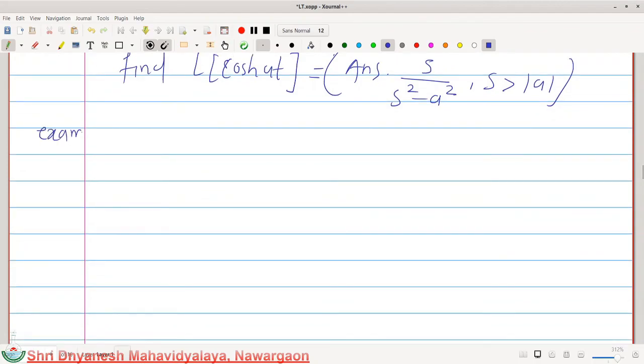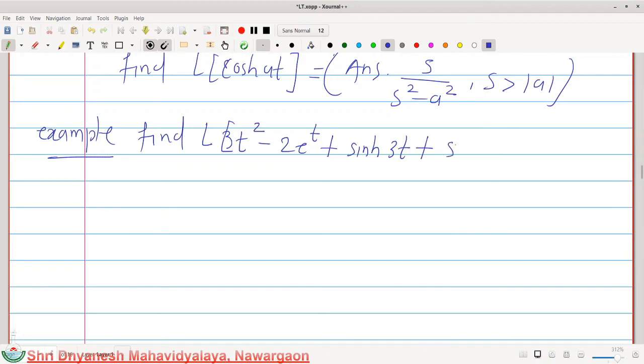Example: find the Laplace transformation of 3t square minus 2e^t plus sinh(3t) plus 5 cos(4t).